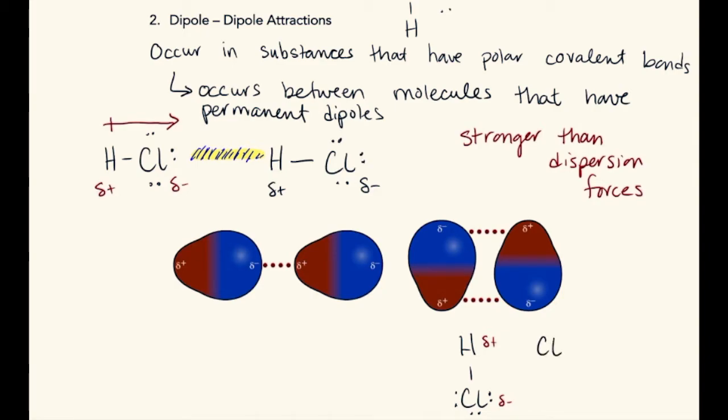So the partial negative on the second molecule is attracted to the partial positive on the first molecule. So we might see the intermolecular forces between the opposite partial charges. So you're looking at lining up the opposite partial charges. Opposite charges attract. So we can see that in these two ways. Okay, so they're stronger than dispersion forces. They're present in anything that is a polar compound.